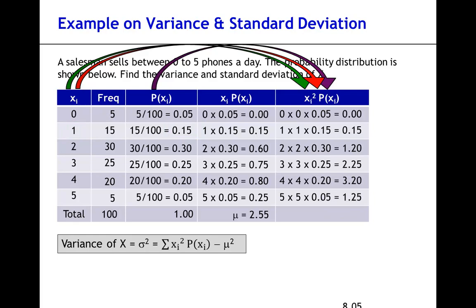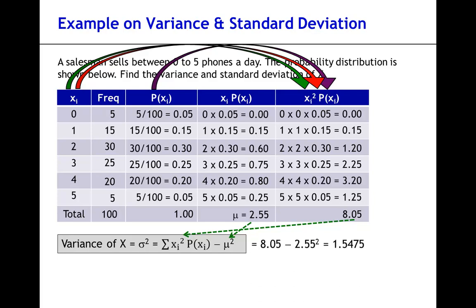Then sum up this whole column to get 8.05. To get the variance, we take the summation of x sub i squared times P of x sub i, which is 8.05, minus mu squared, which is 2.55 squared.